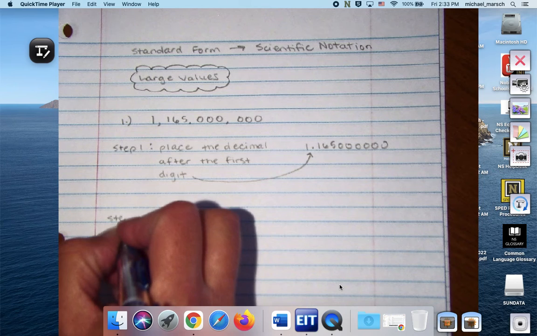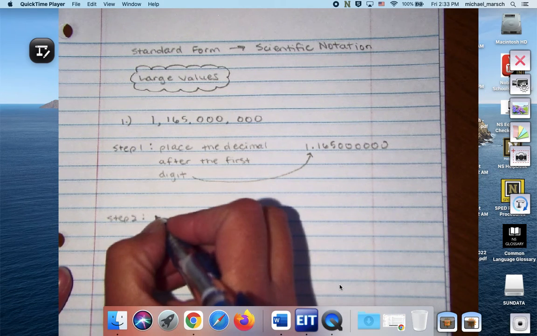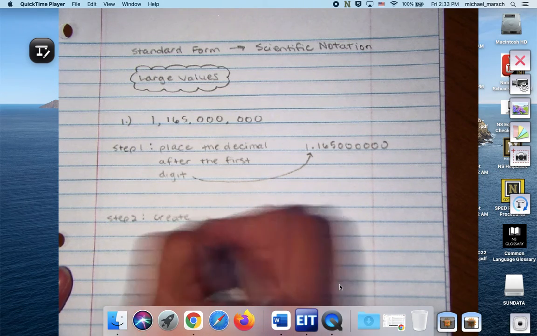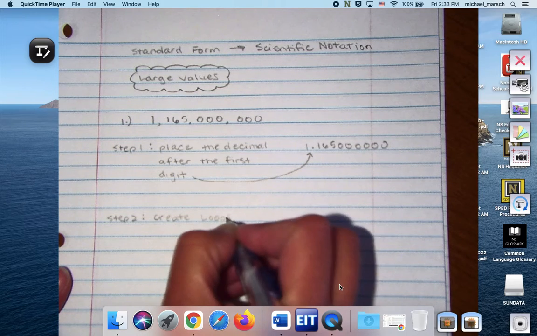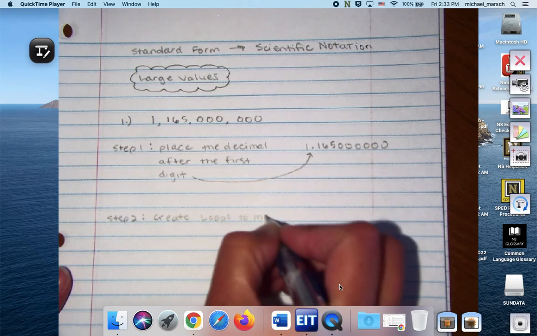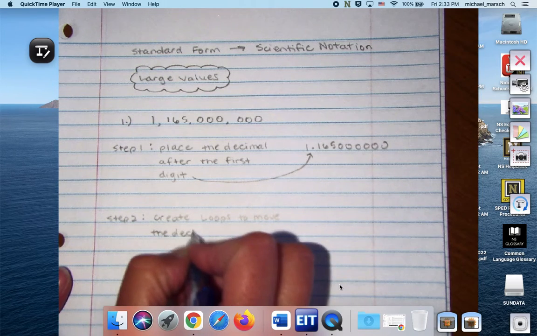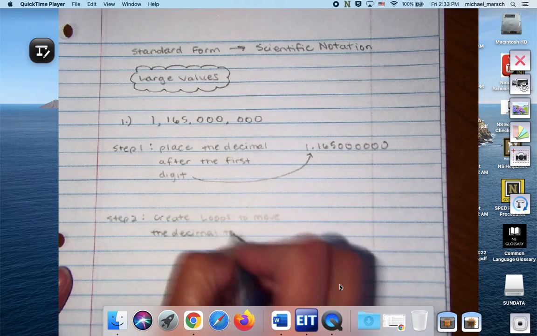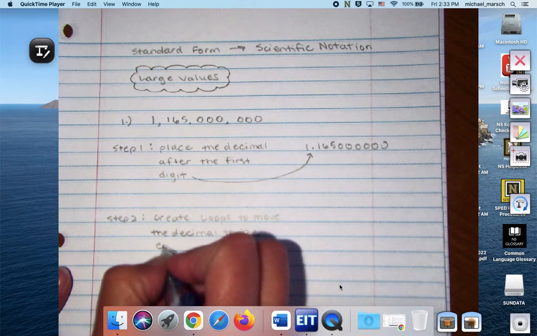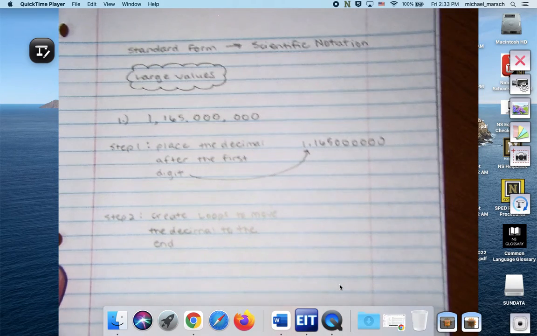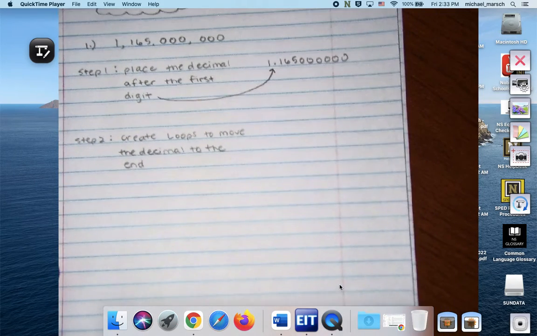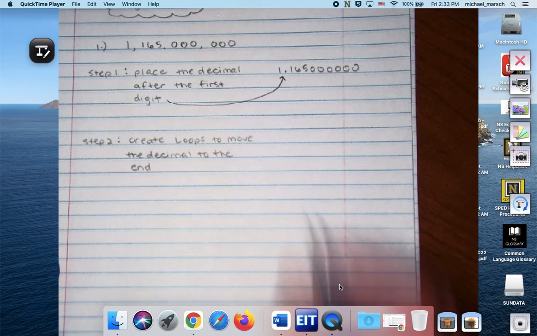Step 2. Create loops to move the decimal to the end.